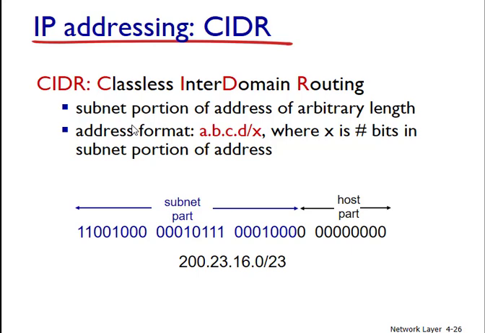In this case, the IP addresses of devices within the organization will share the common prefix. When we cover the Internet's Border Gateway Protocol, or BGP, we'll see that only these x leading prefix bits are considered by routers outside the organization's network.